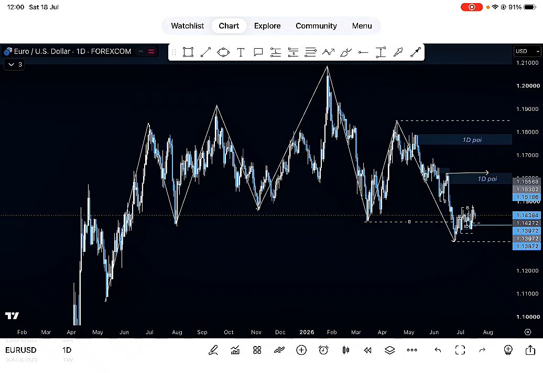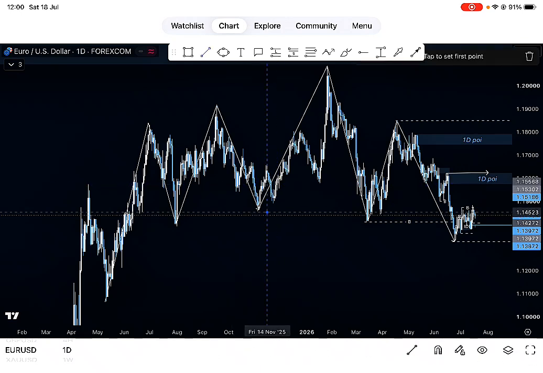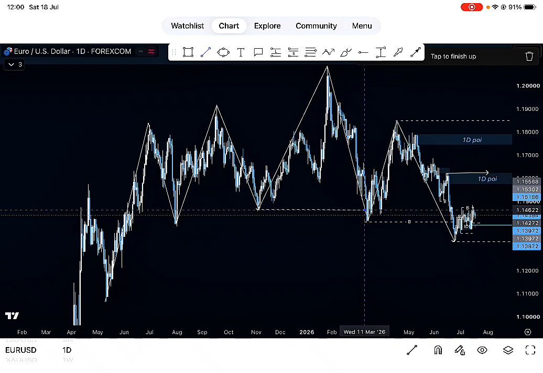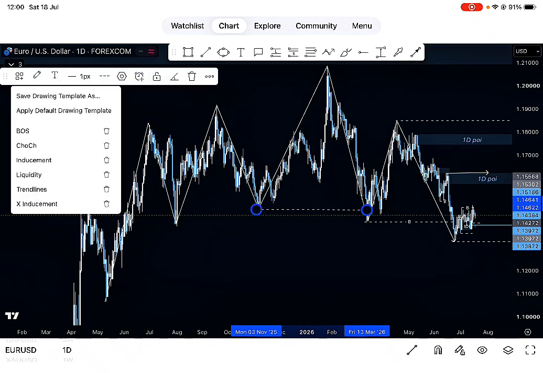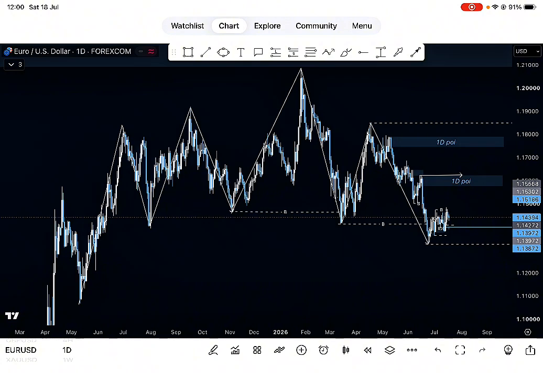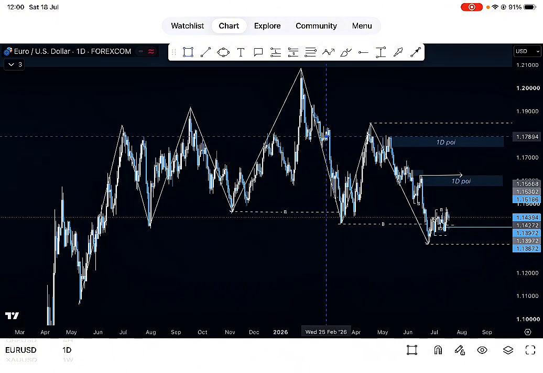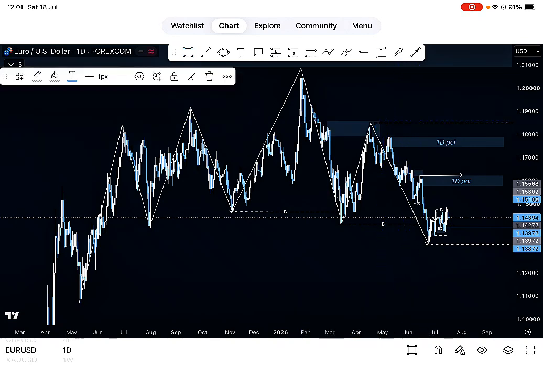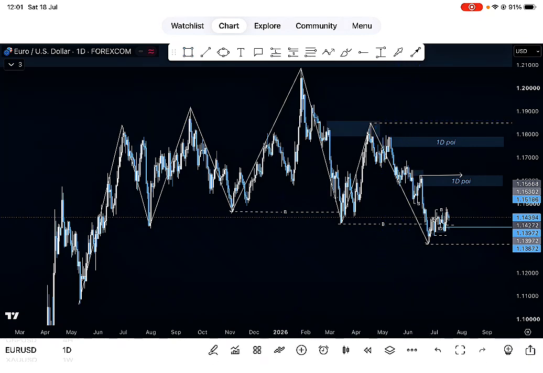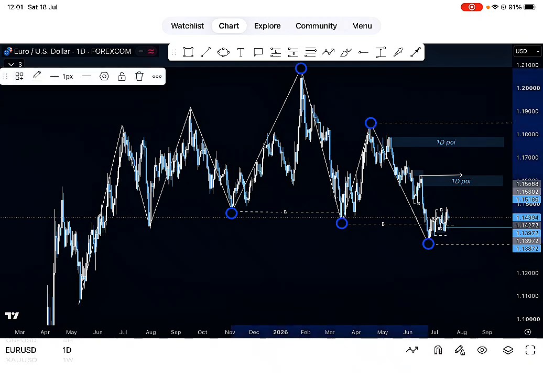Let me mark it out. We broke this structure. This was the first BOS we had. Then price was reacting from this POI, as you can see, and it broke structure again to the downside.